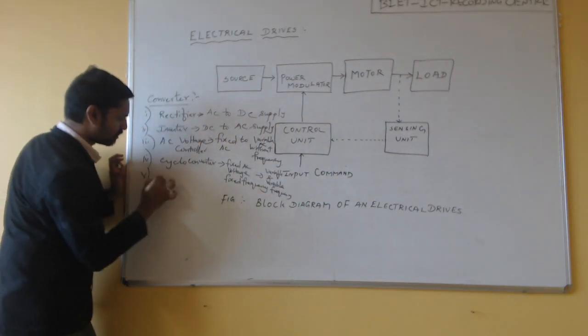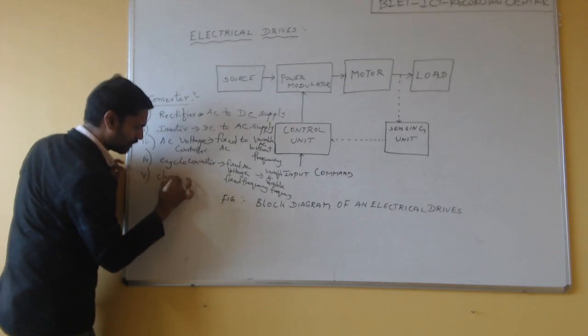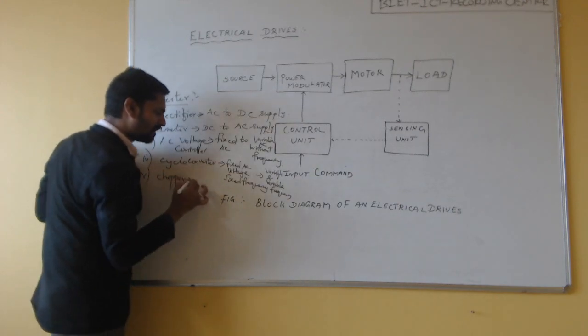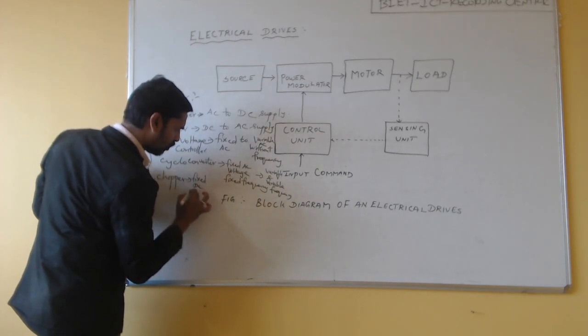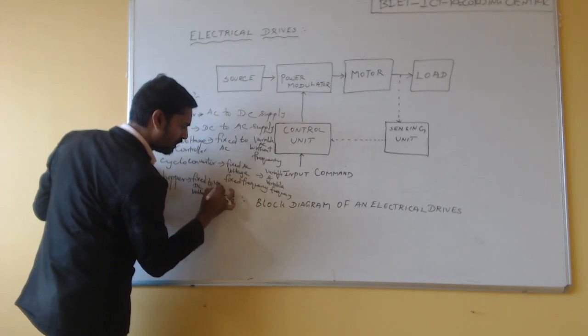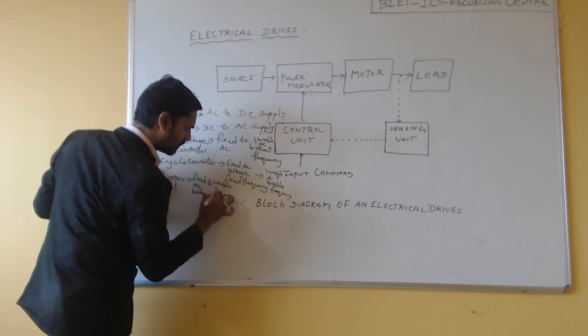Fifth type is the chopper. The chopper will convert fixed DC voltage into variable DC voltage.